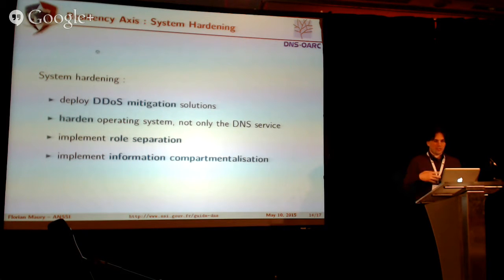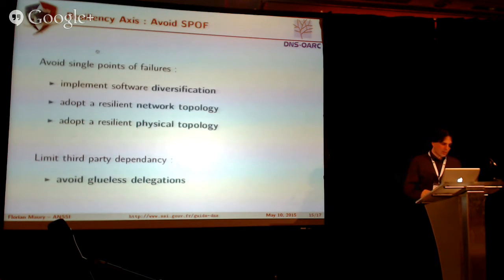Of course, that means also that we recommend not to use views, except if they are used to respond different things on a geographical basis, and not from a security and privacy perspective.